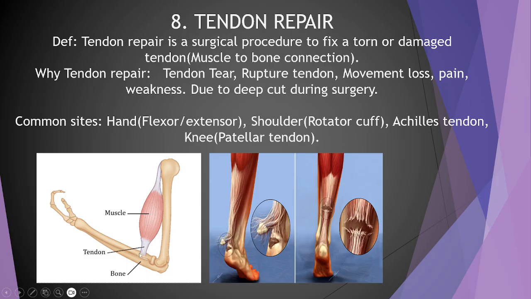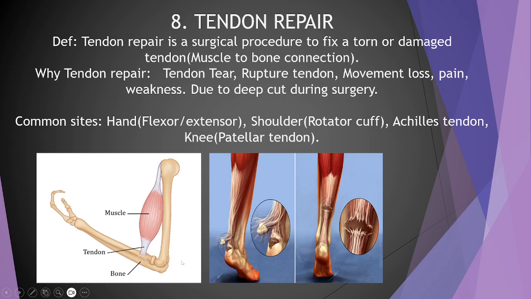If there is an injury or a problem in the tendon, or sometimes the tendon gets ruptured, or there is a tear in the tendon due to some issue, then it needs to be repaired. When there is a rupture, the patient will feel pain, or there will be a movement loss in the body part where that tendon is present.